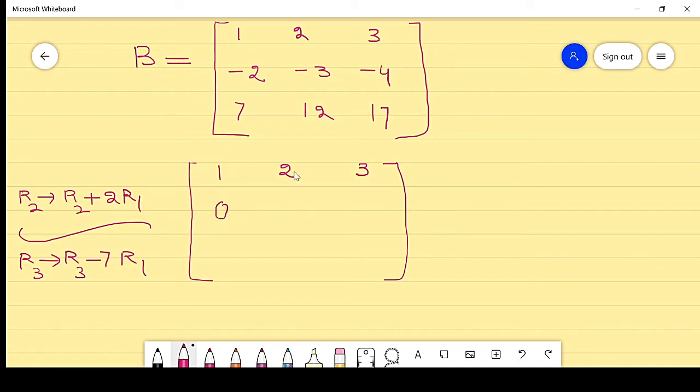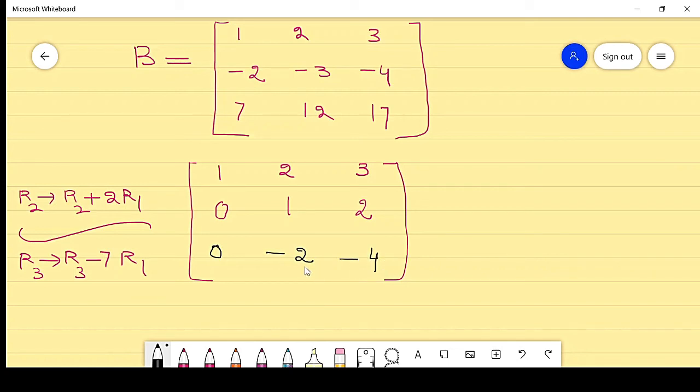This is a 0, this is a 1, 6 minus 4, which is a 2. In case of third row, minus 7, so this is a 0, minus 14, so this is a minus 2, and this is a minus 21, so this is a minus 4.